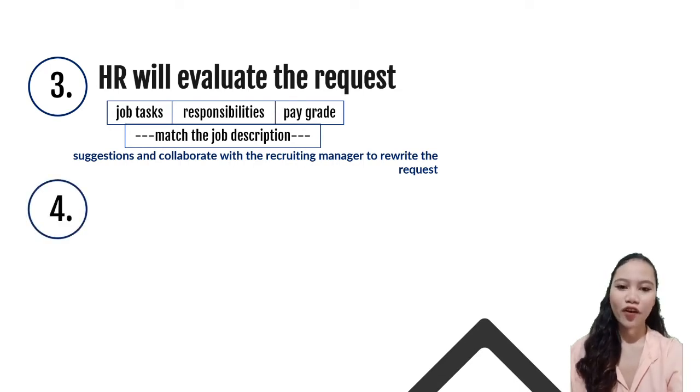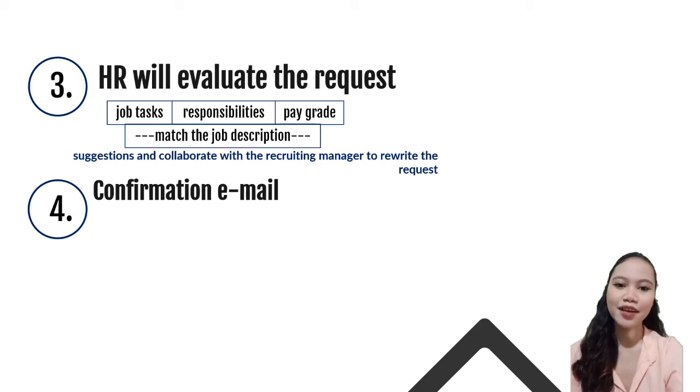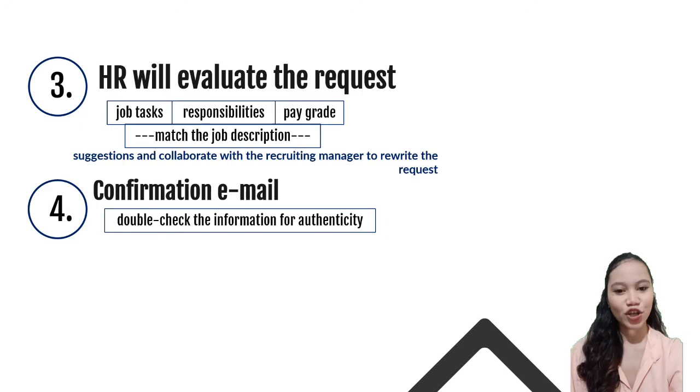The fourth one, the hiring manager will get a confirmation email about the open request and posting after final approval of this act. It is the hiring manager's obligation to double-check the information for authenticity and notify HR as soon as any inconsistencies are discovered.